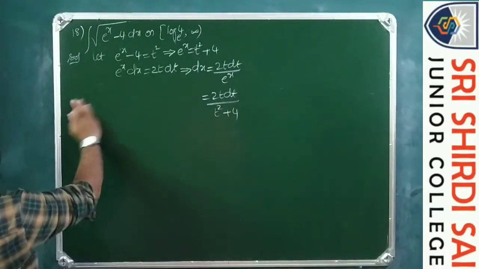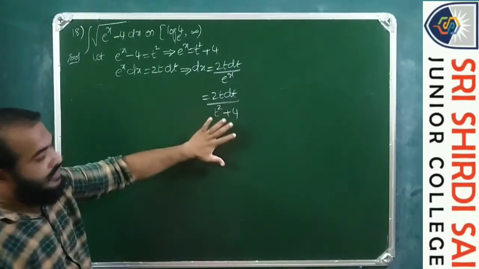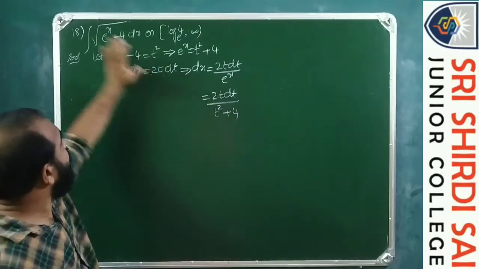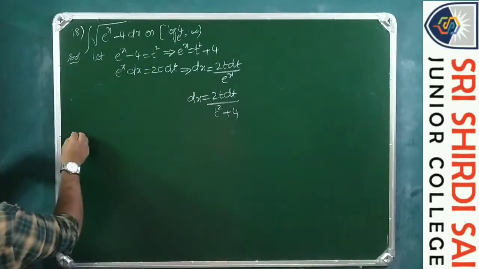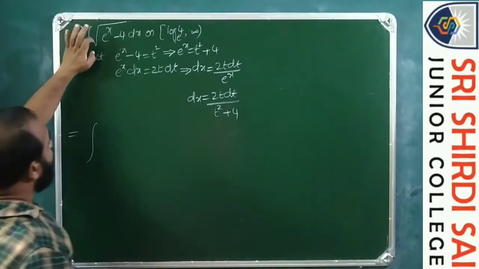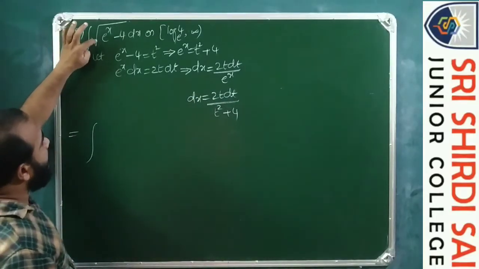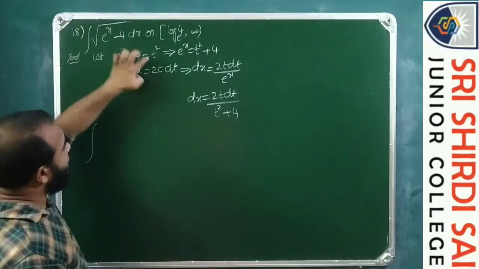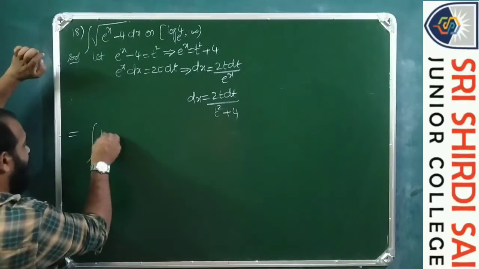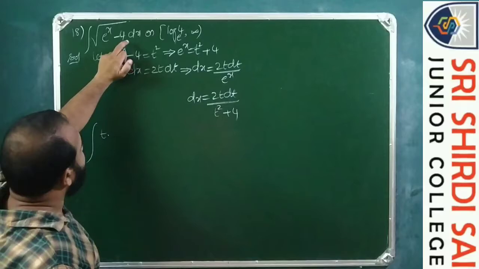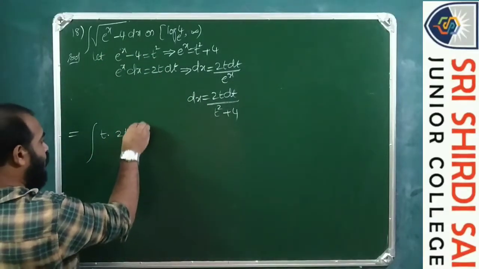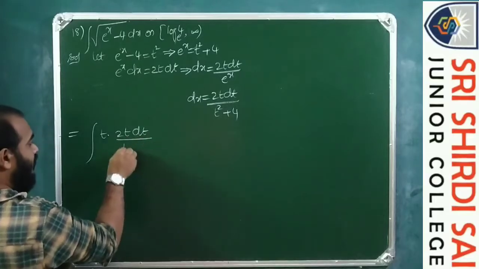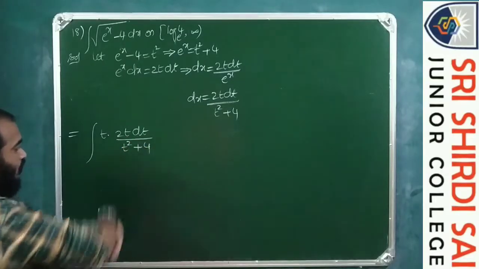So we have everything to plug into the given integral. This is equal to square root of e power x minus 4, which is root t square, which is t, into dx, which is 2t dt by t square plus 4.